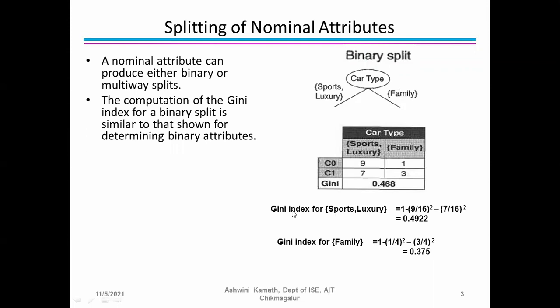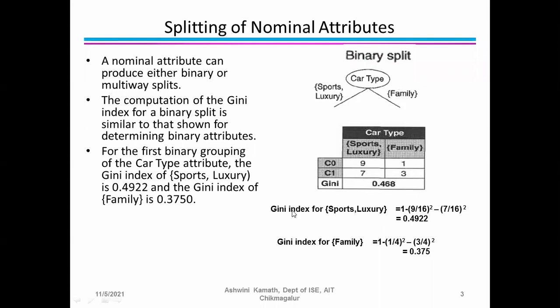Okay, 1 is for C0, 3 is for C1. 1 divided by 4 whole square is for C0, 3 divided by 4 whole square is for C1, which is equal to 0.375.